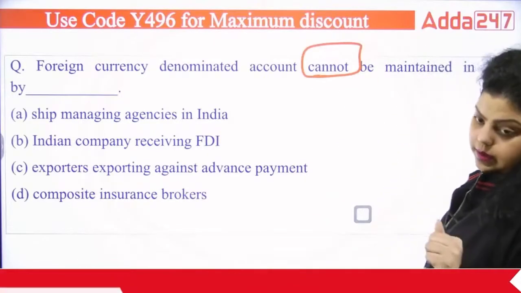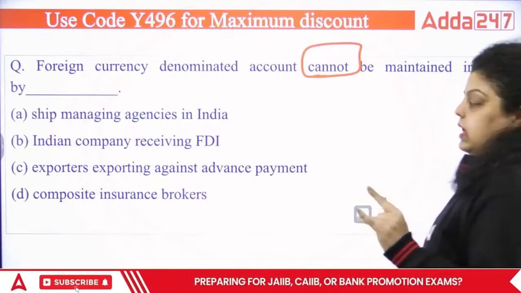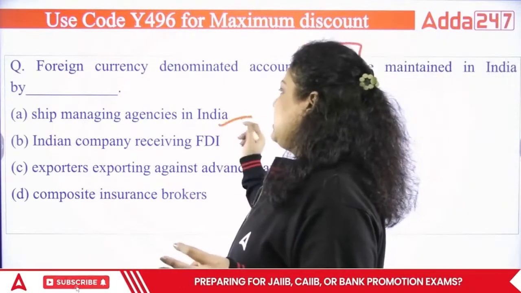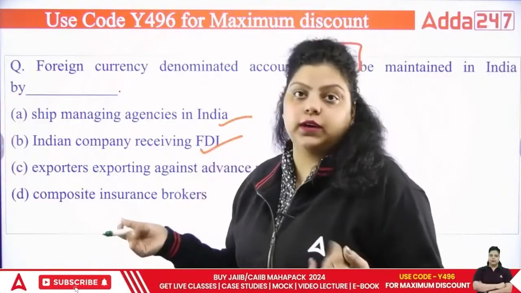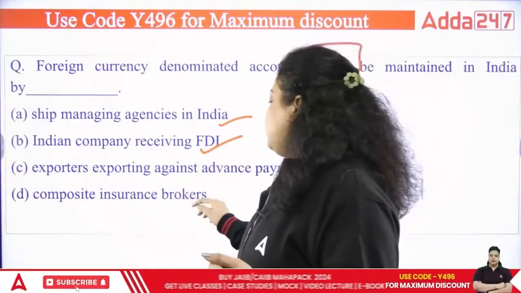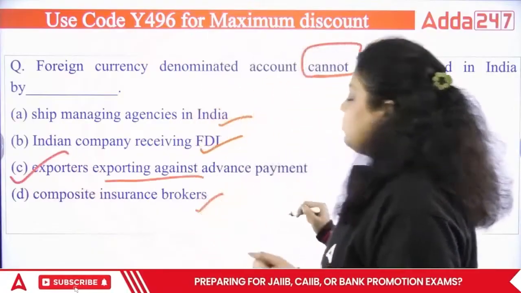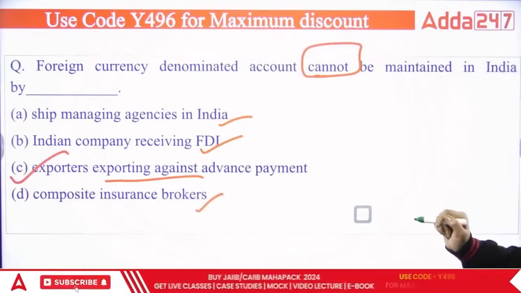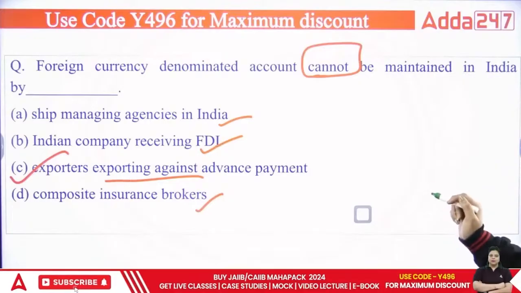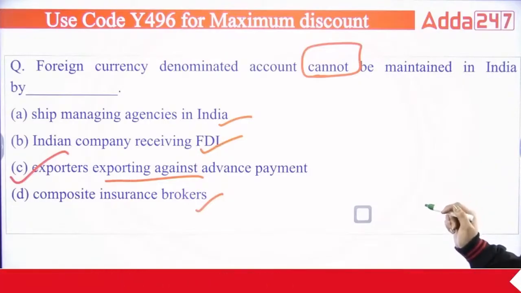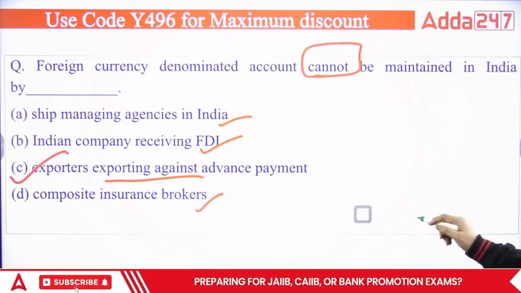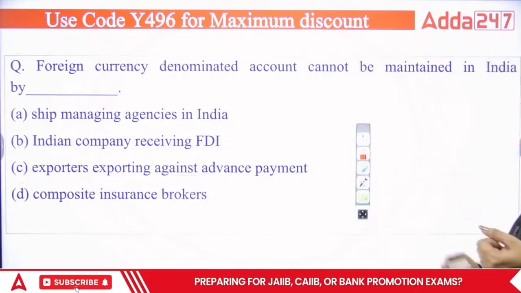Ship managing agencies can have one, an Indian company receiving foreign direct investment can have one, and composite insurance brokers can have one, but the exporters who are exporting against advance payment cannot. So the right answer will be C.